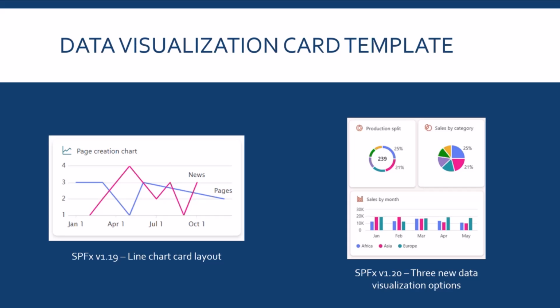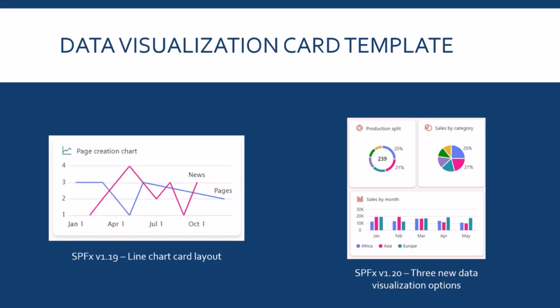Before moving on to the demo part, just a quick overview of the data visualization card template with SharePoint Framework. It was first introduced with version 1.19, but we only had a line chart card layout.